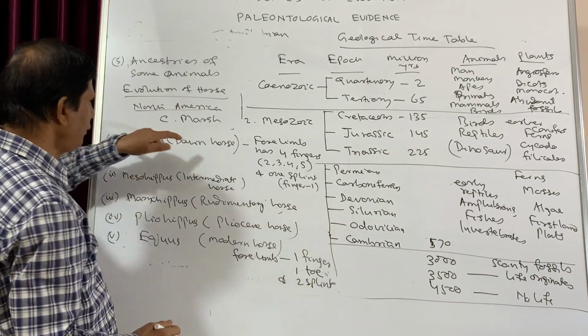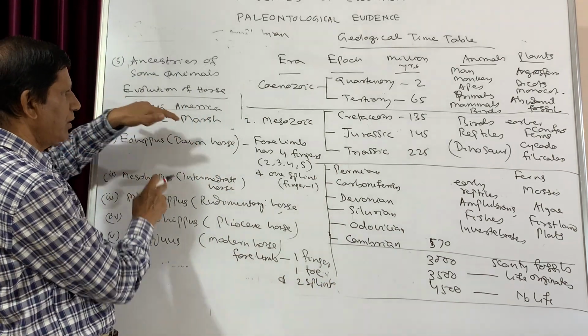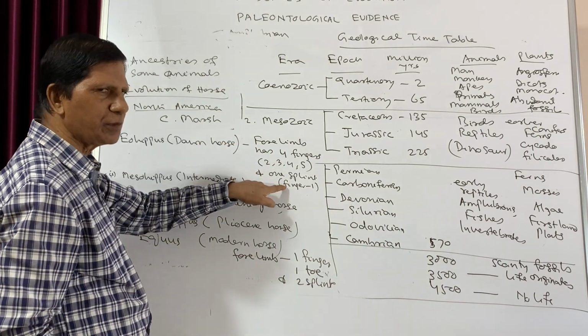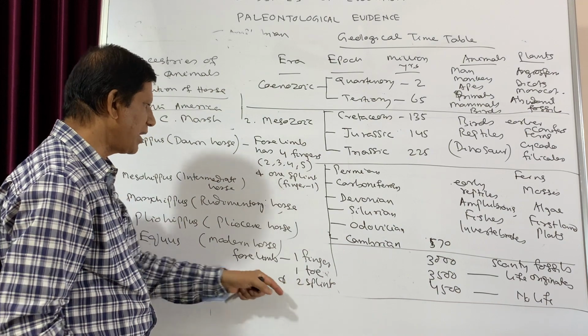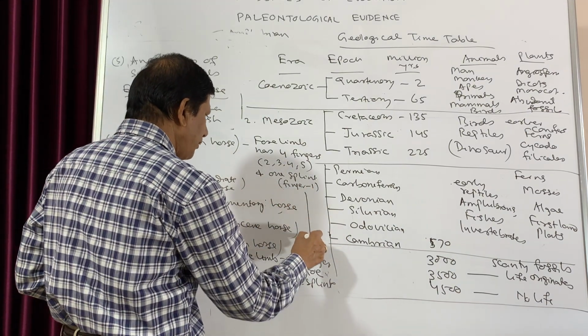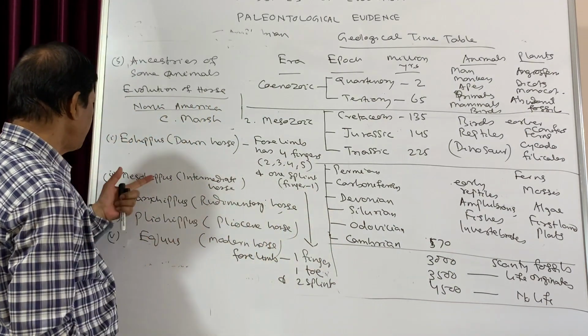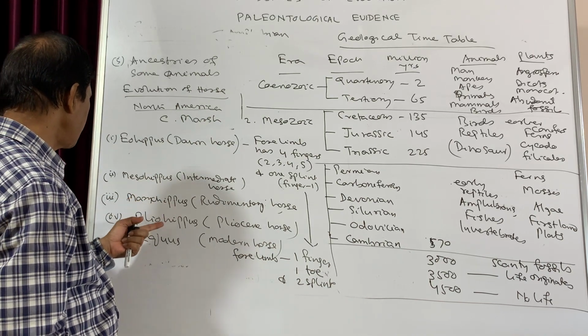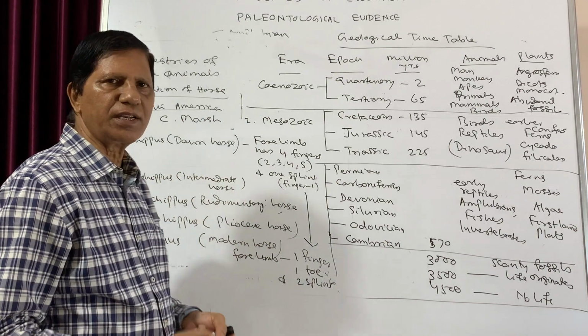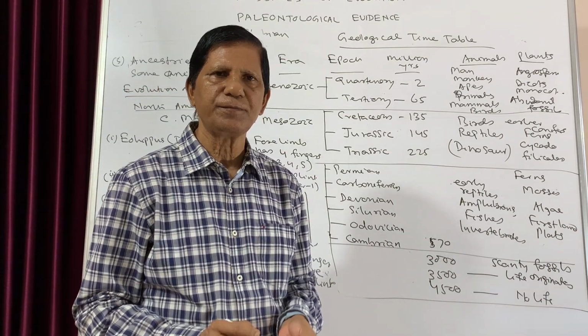And you see, in the first Eohippus, the forelimb has 4 fingers and 1 splint, and the modern horse has 1 finger, 1 toe, 2 splints. Gradual evolution has taken place through Mesohippus, Merychippus, Pliohippus, and Equus.